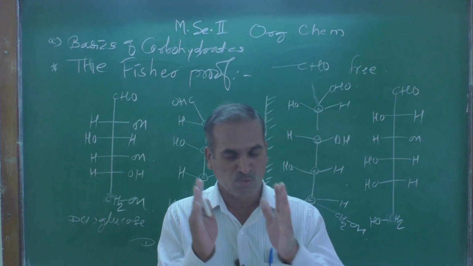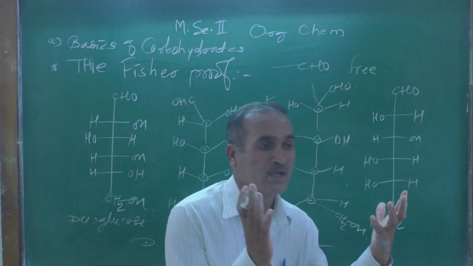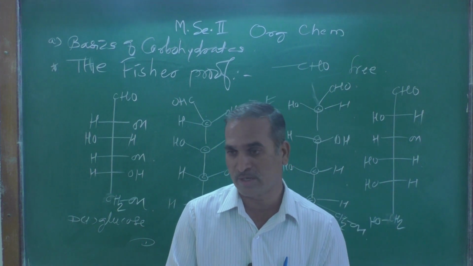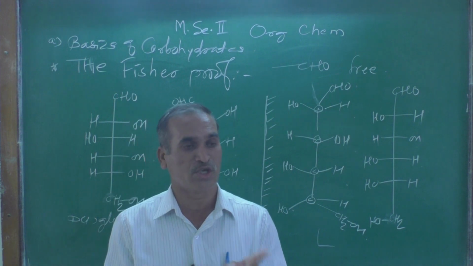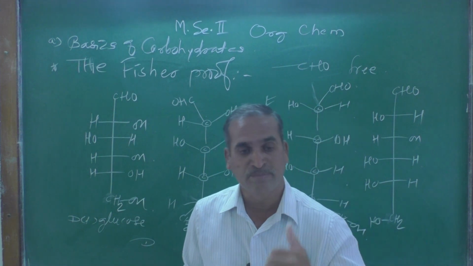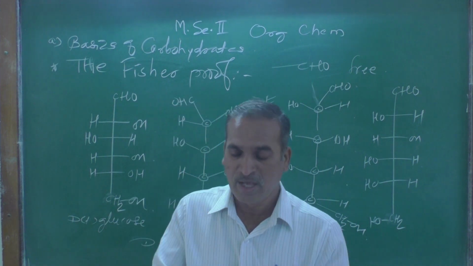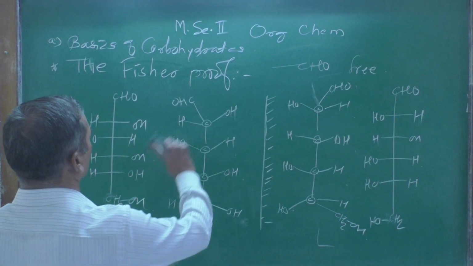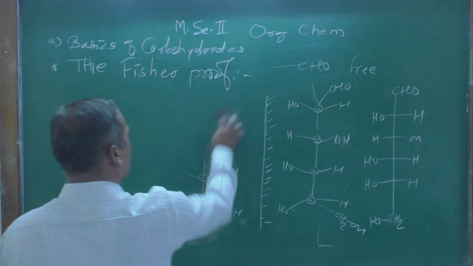So far we have considered the aldehyde CHO as a free functional group present in the carbohydrate, but that is not the case. There are some objections regarding that CHO group. Let us see what those objections are.